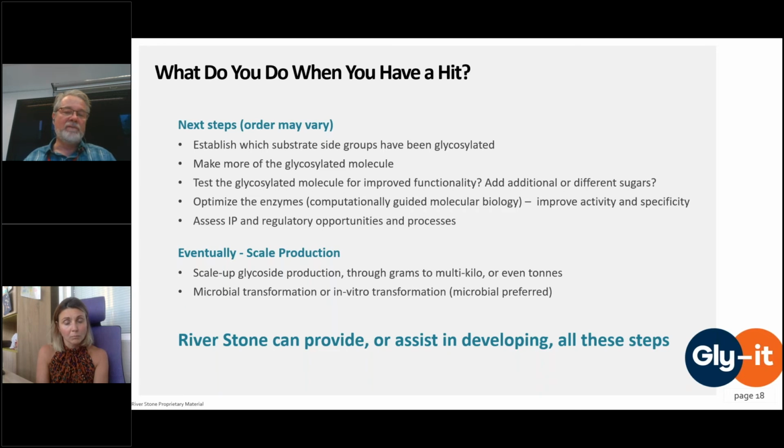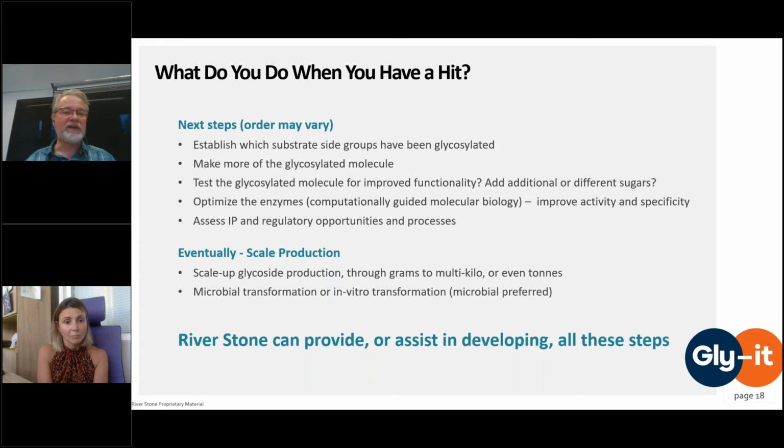Then we work with a British group of computational chemists who are very good at doing computationally guided molecular biology, in particular with UDTs. This is something we turn to when we have a hit enzyme that, however, is not very good with the substrate molecules, and we want to make it better or maybe more specific. We can help with that.